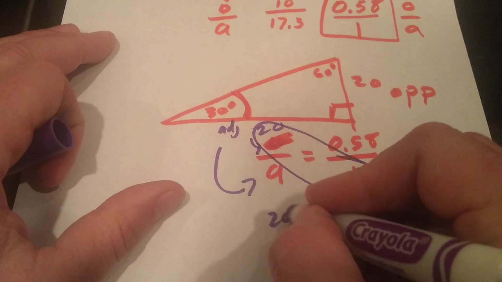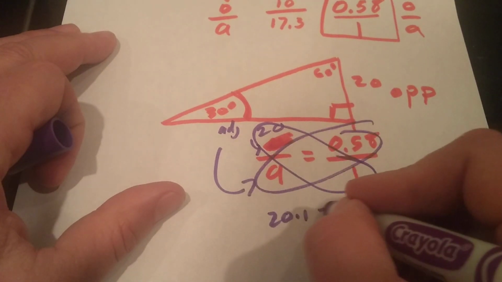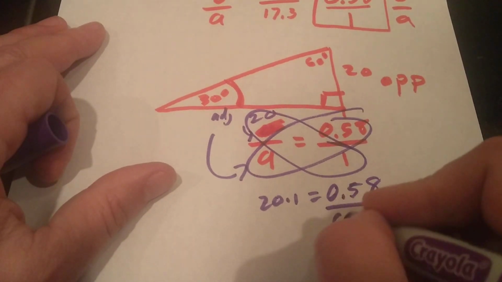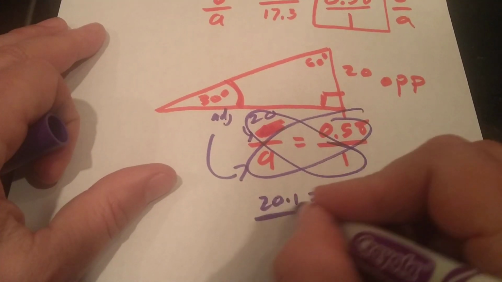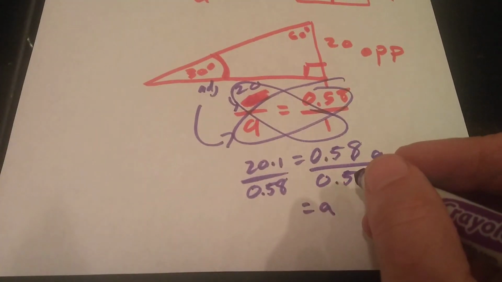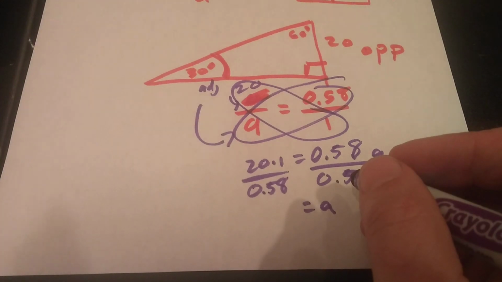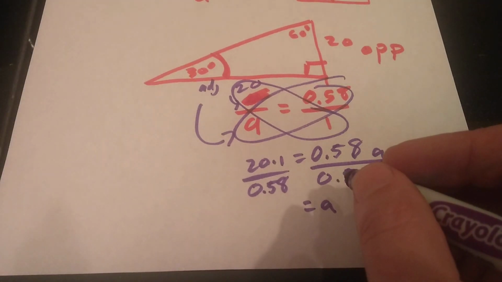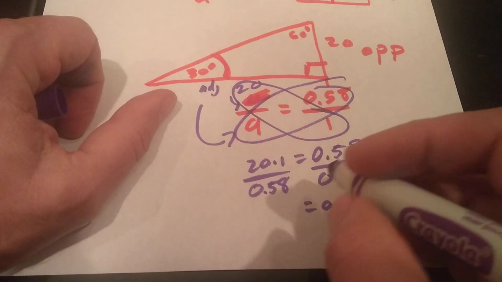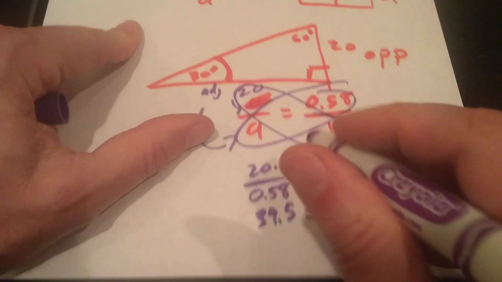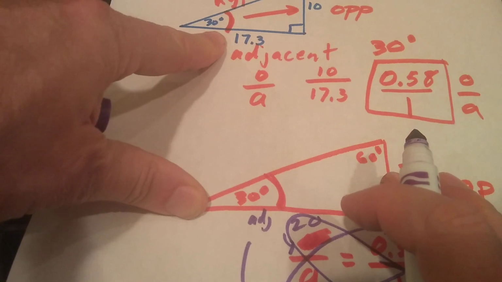I can say 20 times 1, and 0.58 times A. And then when I divide both sides, I get A is equal to 20 divided by 0.58, which is 34.5.